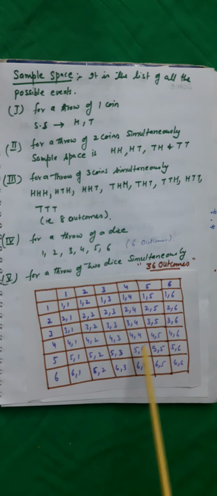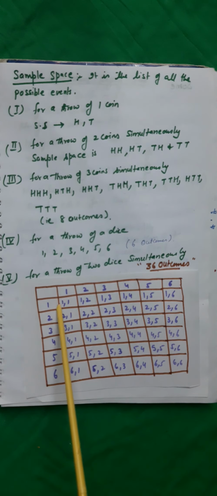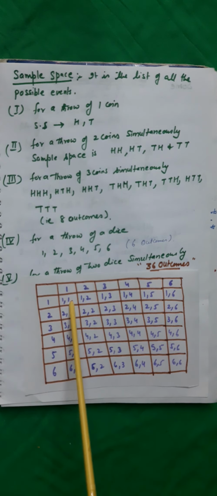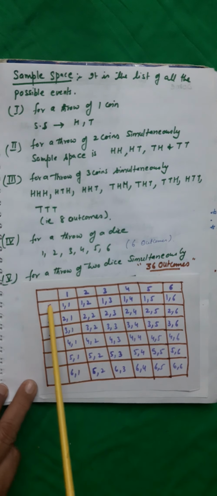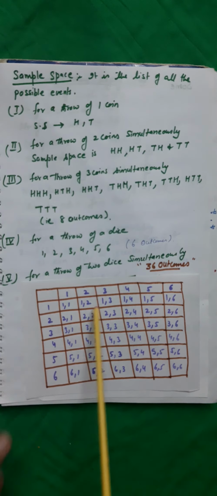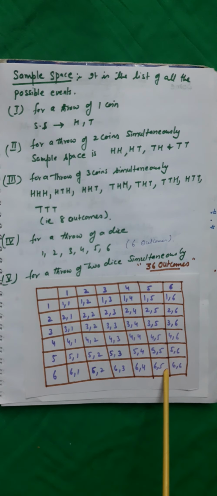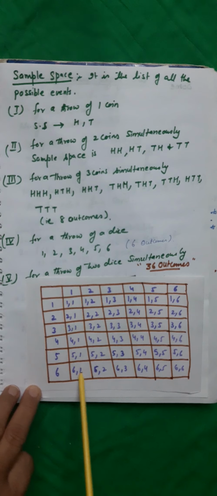So how do we write all the outcomes? 1, 1. That means if I am getting 1 on one dice, on the other one also I am getting 1. If I am getting 1 on one dice, then 2 on the other dice. Like that: 1, 3, 1, 4, 1, 5, 1, 6 and so on. This way we find that in total we are getting 36 outcomes, 6 times 6.